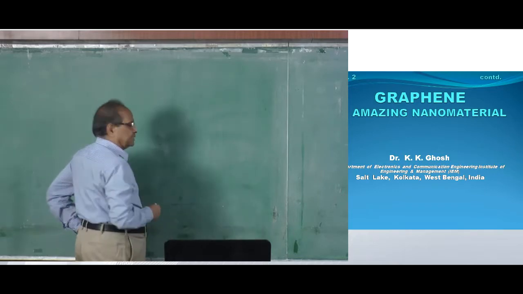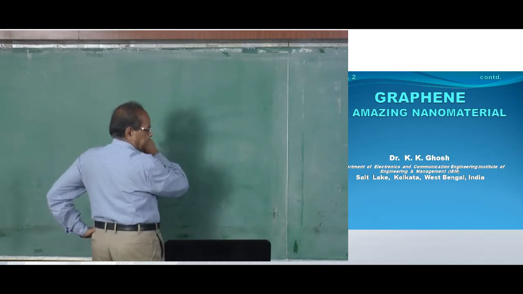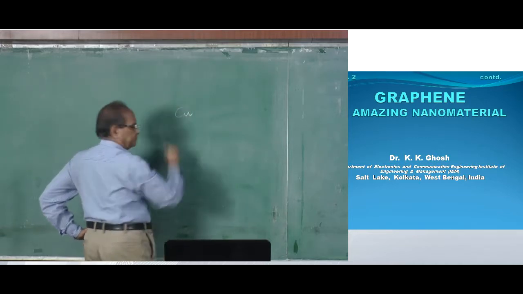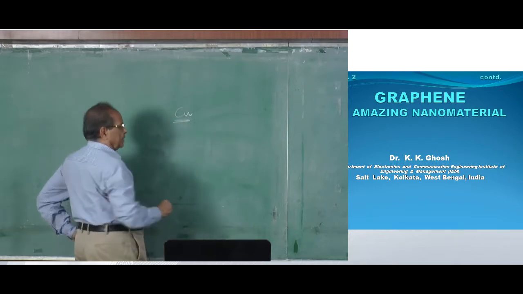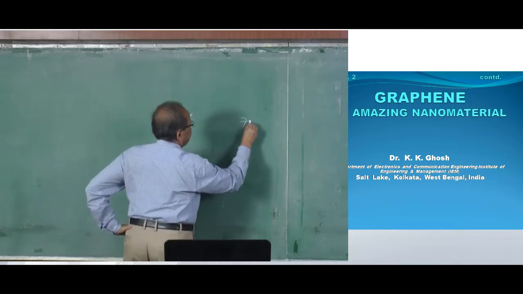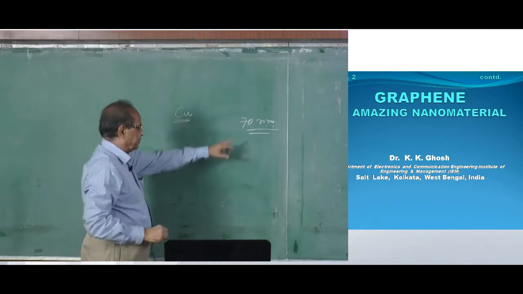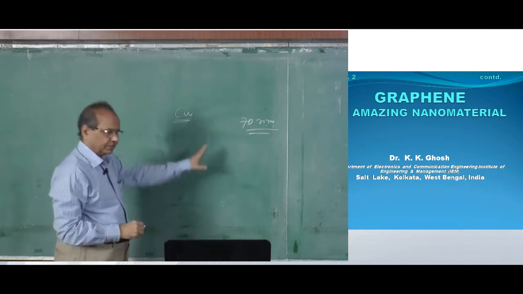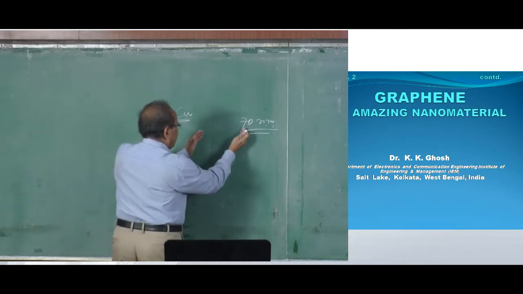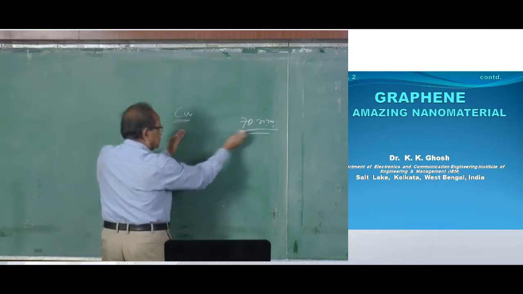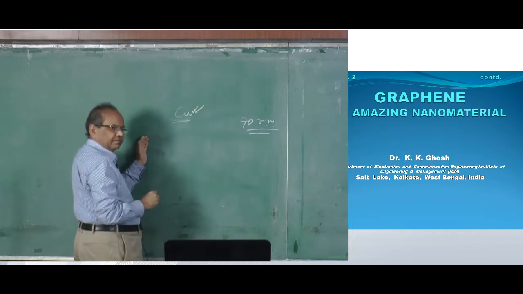The answer is again simple, that for some material, say I am taking copper, it will show its nano property up to say 70 nanometer. For example, this is not a correct figure. So if you come down from 70, then yes, it is a nanometric substance.